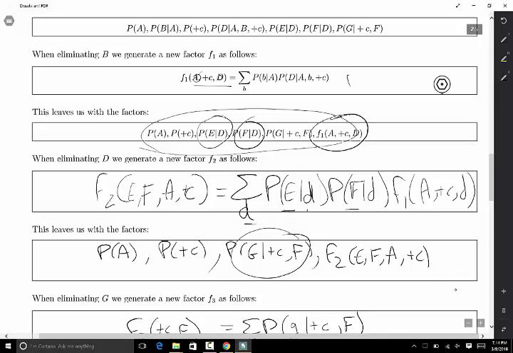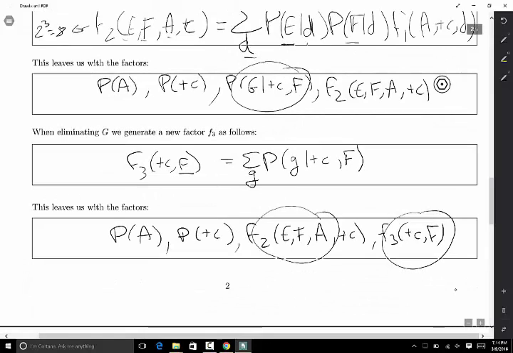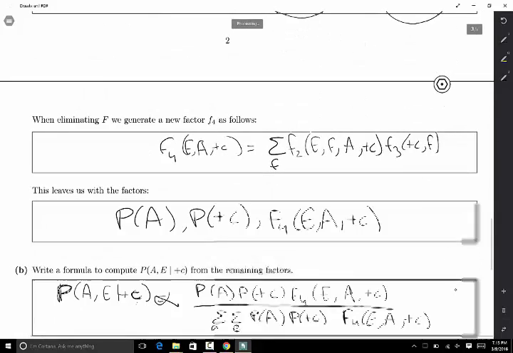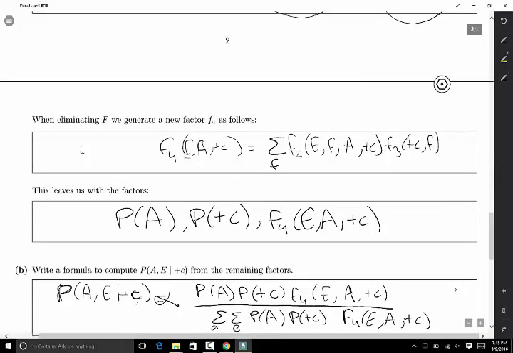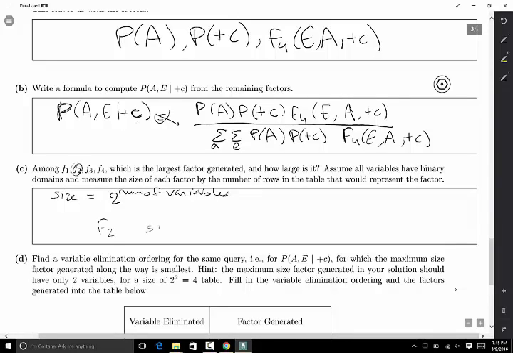So factor 1 has size 2 to the 2, which is 4. Factor 2 has 3 uninstantiated variables. So the size of factor 2 is 2 to the 3, which is 8. Factor 3 is only 1 variable, so that's size 2. And factor 4 has 2 variables again, so this is size 4. So it means that the largest factor was factor 2, which has a size 8.